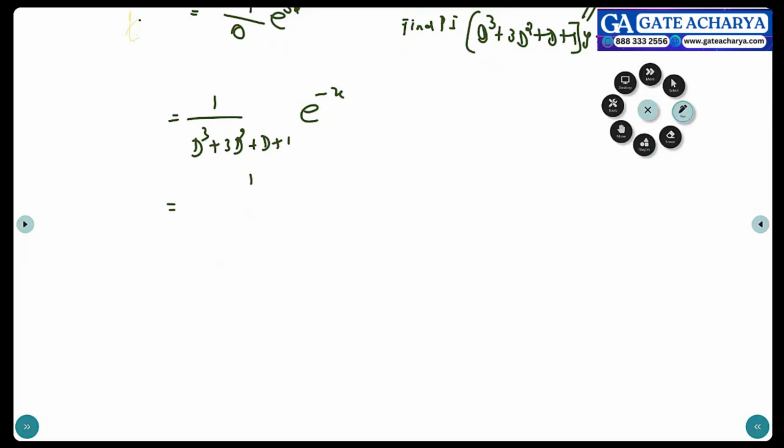So minus 1 cube is minus 1, minus 1 square is plus 1, so plus 3, minus 1, plus 1. 1 by 2, so 1 by 2 e power minus x.